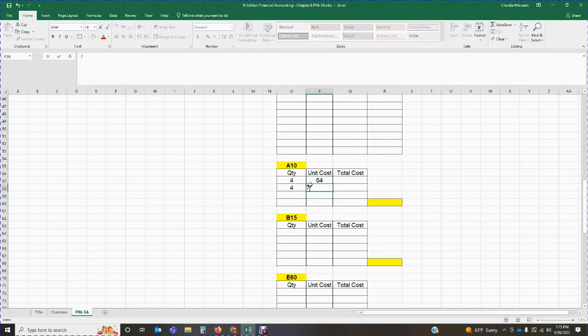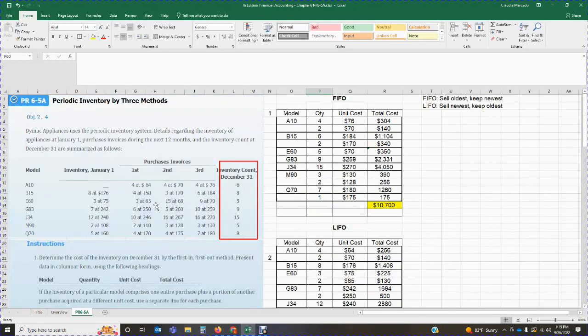So what I'm doing is getting the total from all of the columns that we have: 4 at 64, 4 at 70, 4 at 76. Now we're going to get the average of those.